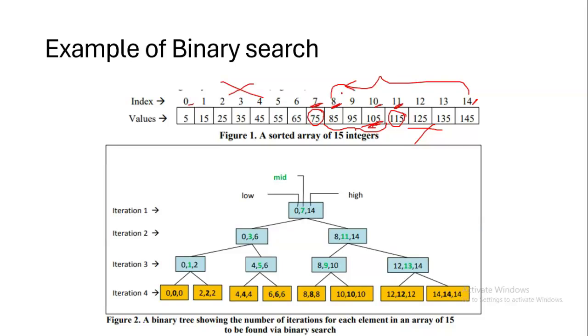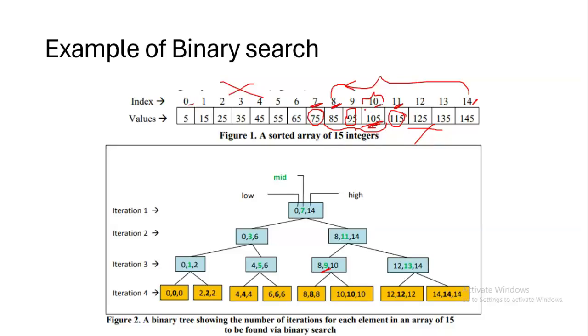Now for this subarray, the mid comes out to be 9. So 95 is compared with 105, and as 105 is greater than 95, we focus our search on the right side.